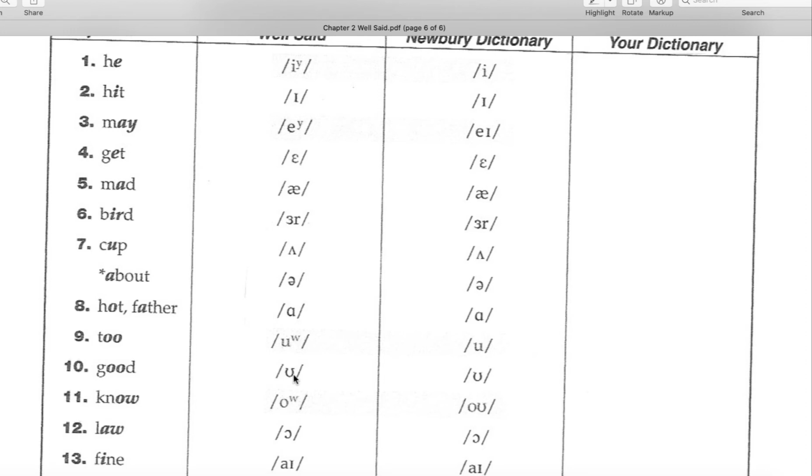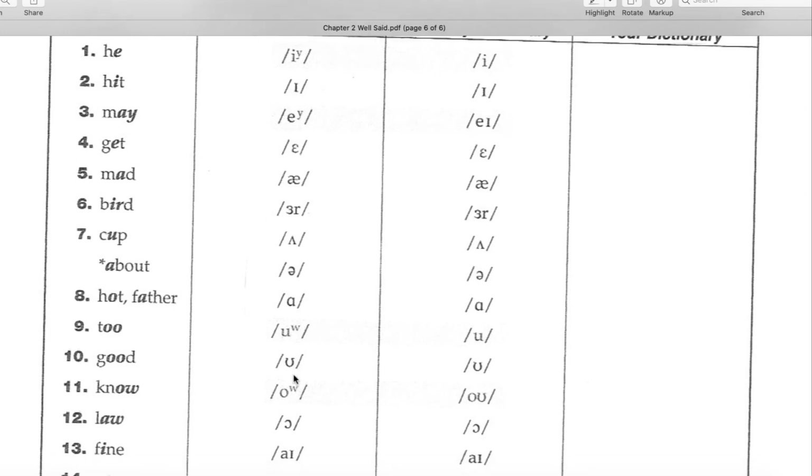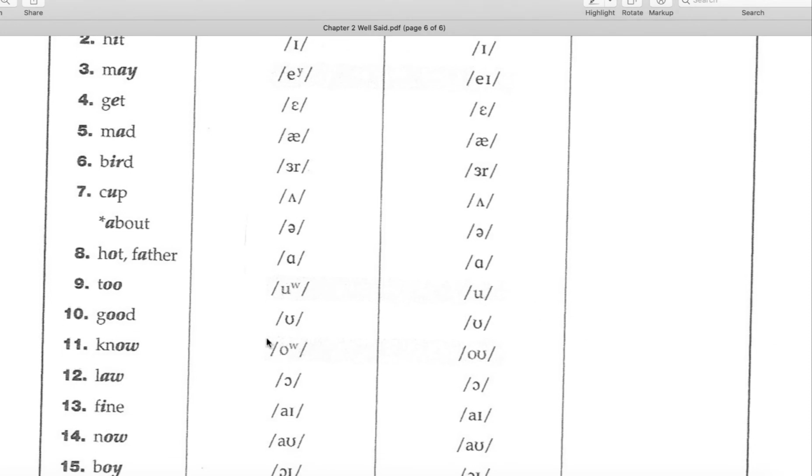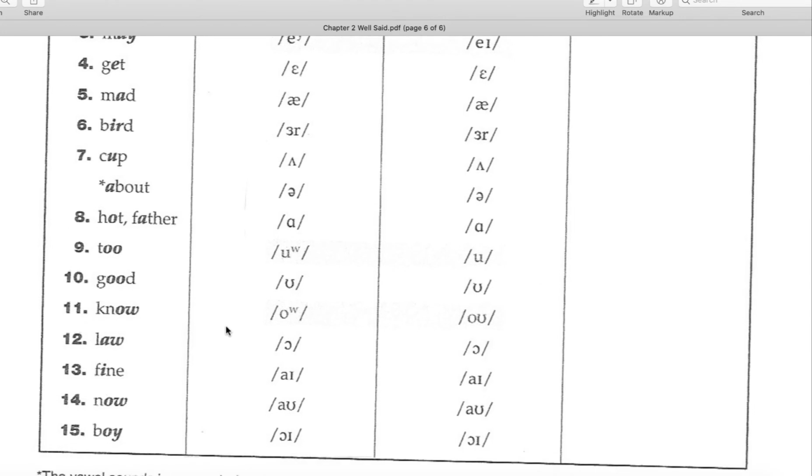And then as in good, good, good, okay? Or put, or foot, okay? Then the O sound as in know and go, flow, show, very common sound as well. The W just means that your lips are rounded when you say that O.